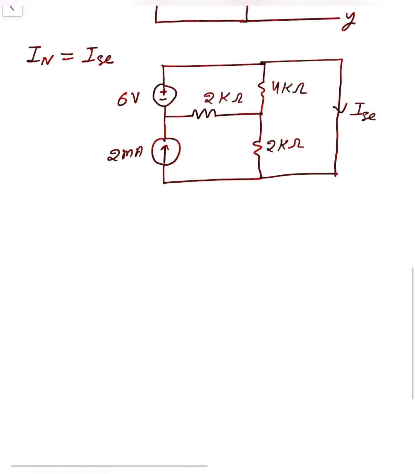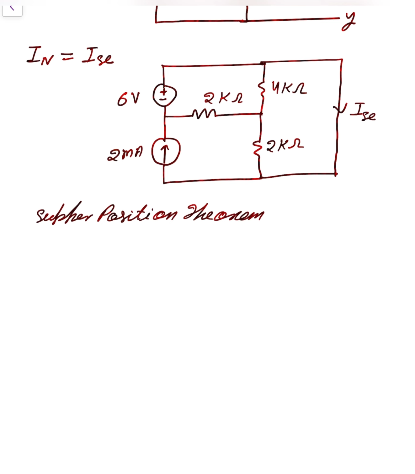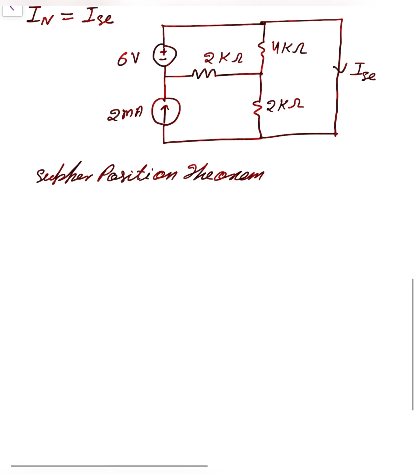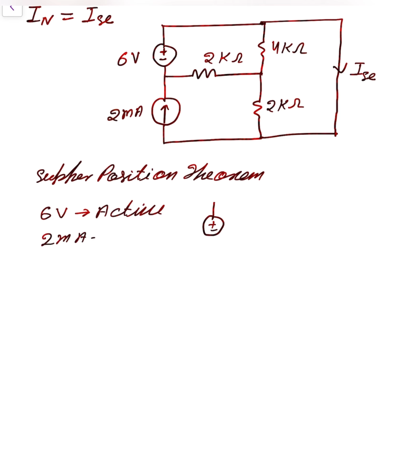If we apply the superposition theorem, according to this theorem, if one source is active, say the 6 volt is active, then the 2 milliampere is deactivated. Deactivated means remove it.